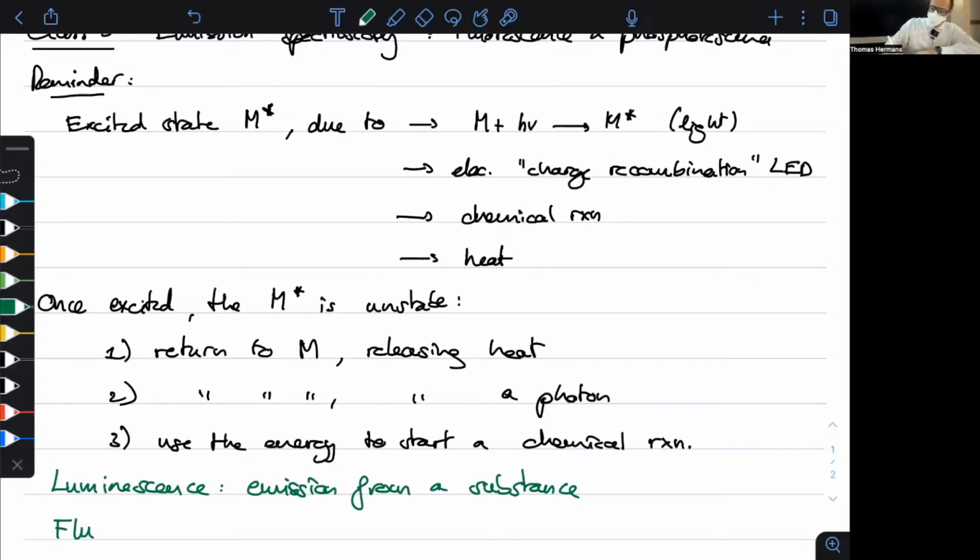And then we have a new concept, which we call fluorophore. A fluorophore is a chromophore. What was a chromophore? It's a molecule that absorbs light, usually in the visible, which gives it a visible color, like the powder has color. So a fluorophore is a specific chromophore that emits a photon.